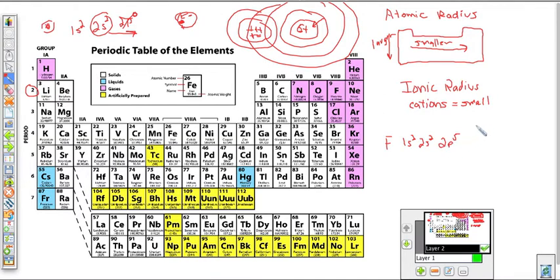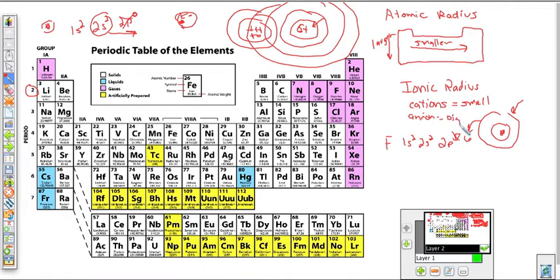And so it's going to want to grab an extra electron, so it ends up with 6 instead of 5. It wants to get that 6th one in there. Well, if you add an electron, you're actually increasing size, because now you're bringing more electrons in, and that's going to push this further away from the nucleus. Now the nucleus is pulling on more negative charges. It's going to make it bigger. So we would say the anions get bigger.